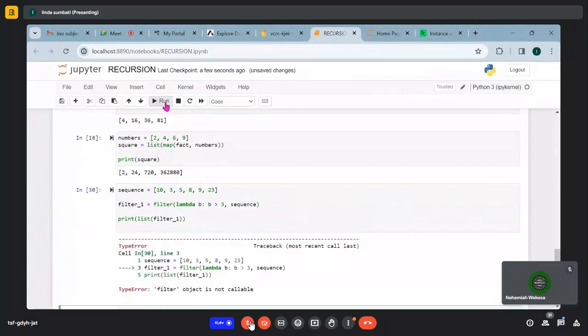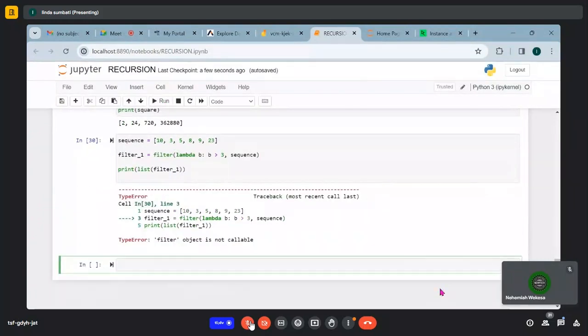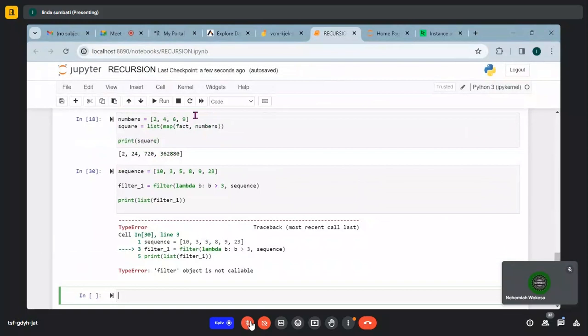Let's see. You see it's not working. So let me save. Then you said after saving, I close it. You have to restart. Okay, I restart. Can I restart and run all? No, that will run every cell.